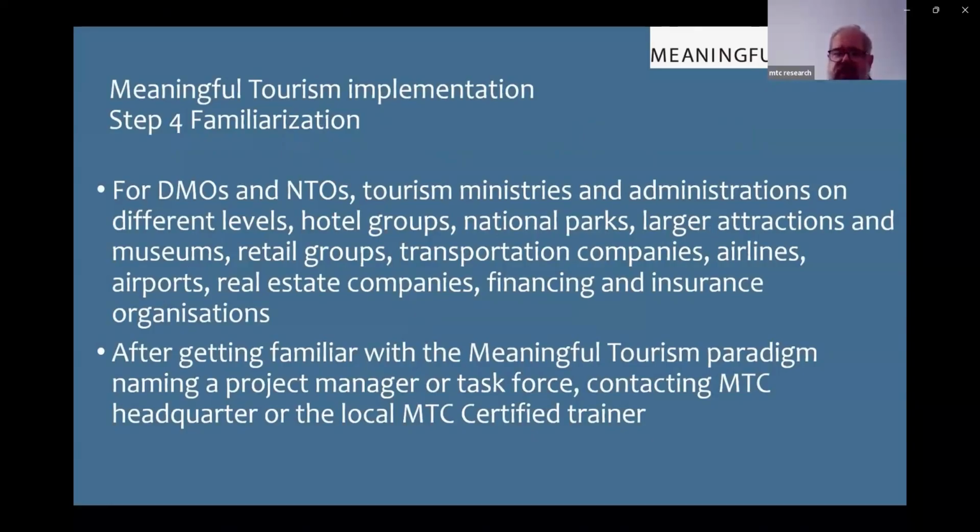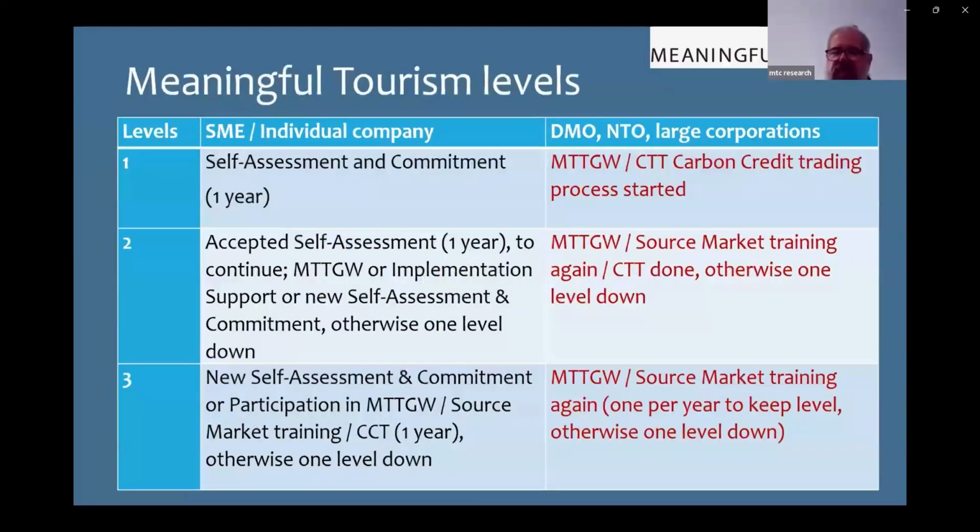We want to go deeper into that, and having somebody who is responsible for that, either one person or a task force, and contacting either our local trainer or us here and saying, guys, let's do something together. And as promised, these are the 3 level steps for DMOs, NTOs, large corporations.